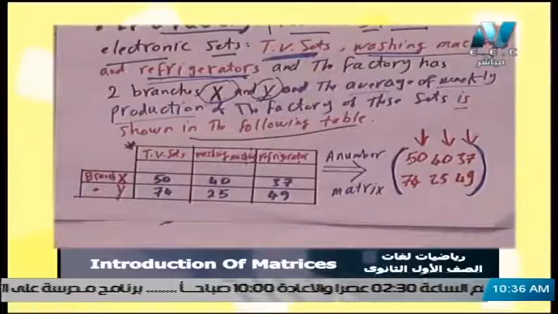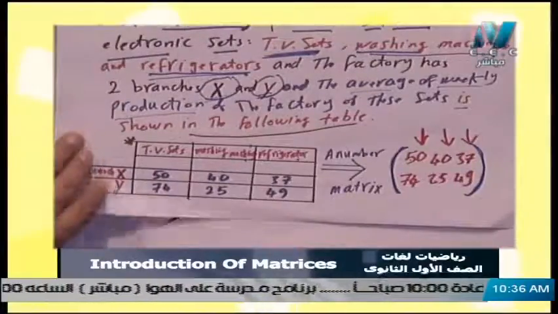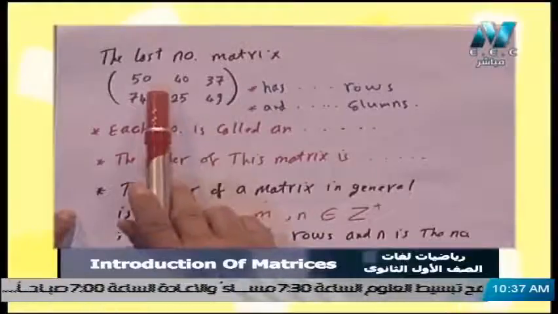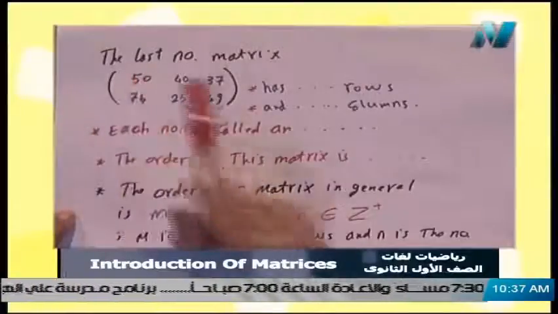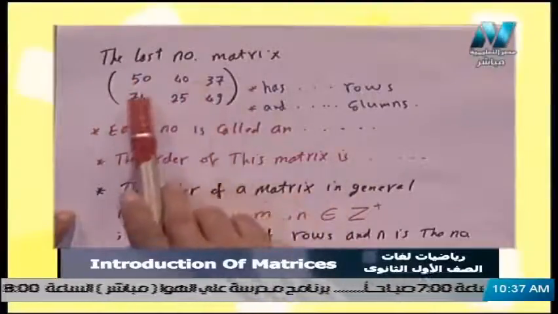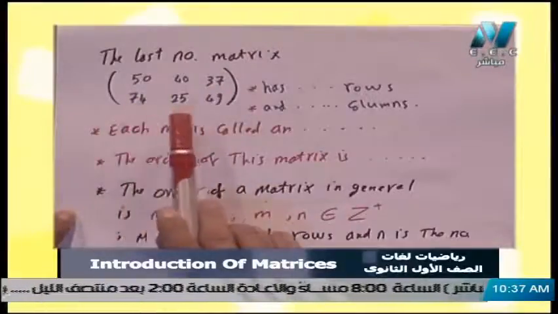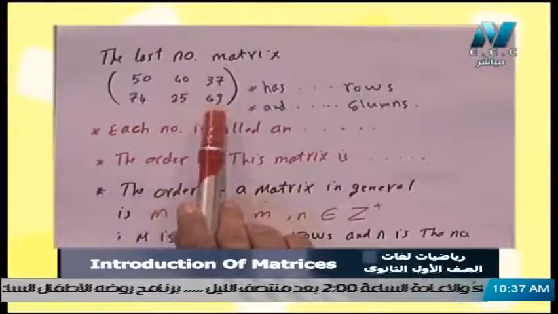Let's see the matrix again. The matrices lessons are very easy and enjoyable, and easy to understand. We have the last matrix here: 50, 40, 37, 74, 25, 49.